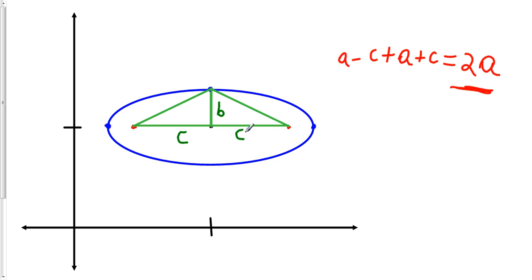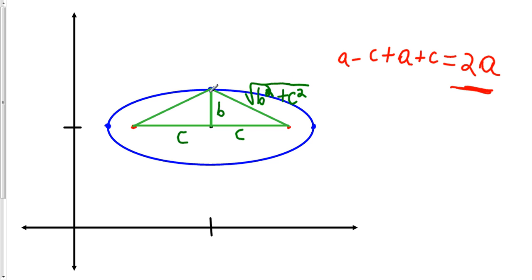Now let's take a look at this triangle here. It's a right triangle because this is one half of the minor axis, and this is a line connecting two points on the major axis. There's a right angle here because the minor axis and major axis are perpendicular. So this side is the hypotenuse of a right triangle, and it equals the square root of b squared plus c squared.